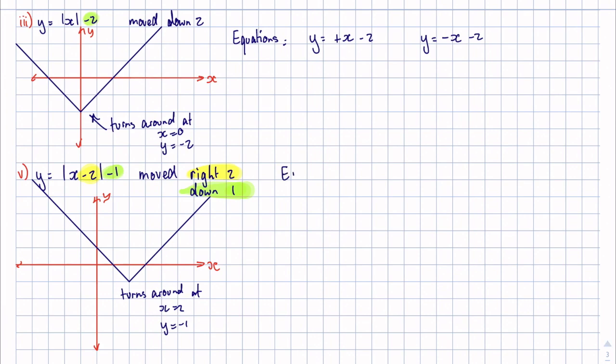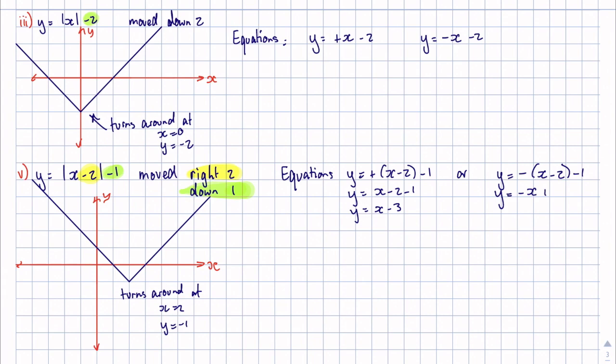Okay, so the equations: we've got y equals positive x, take 2, take 1, or y equals negative x, take 2, take 1. So y equals x, take 2, take 1 is y equals x take 3. And this other one, y equals negative x plus 2, take 1, because minus minus, y equals negative x plus 1, which is the same as y equals 1 take x. They are the same. And that's question 9.